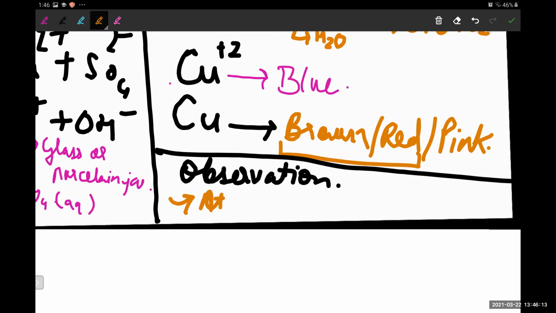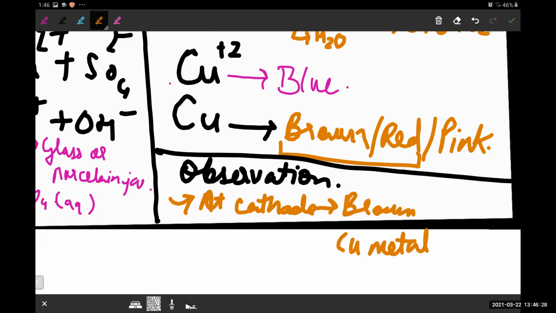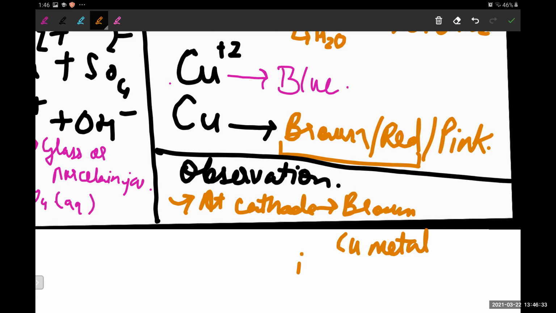At the cathode, what's happening? Brown Cu metal, it's a metal now. It's not an ion now. Ion is blue. It's a metal. Have you seen a copper wire? It's brown in color, right? So brown Cu metal is depositing, right?